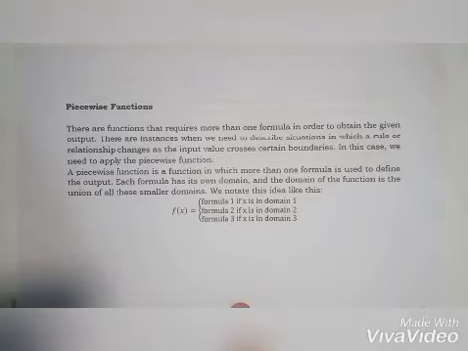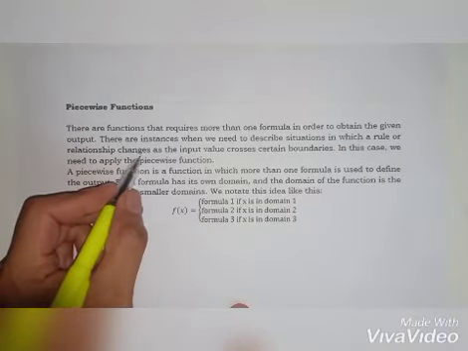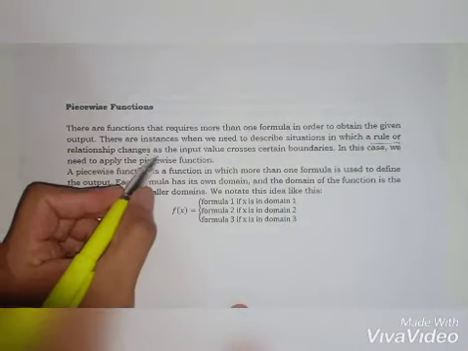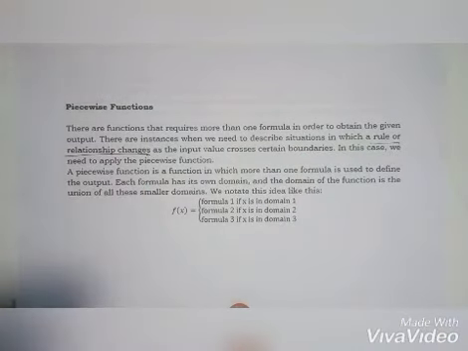There are instances when we need to describe a situation in which a rule or relationship changes as the input value crosses certain boundaries. So take note of this. A rule or relationship changes as the input value crosses certain boundaries.